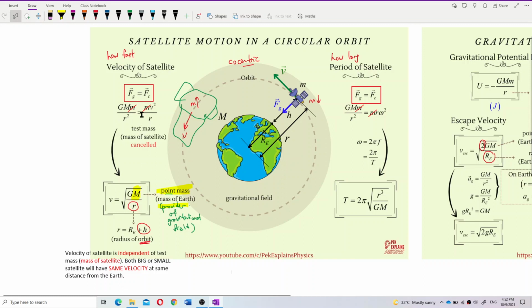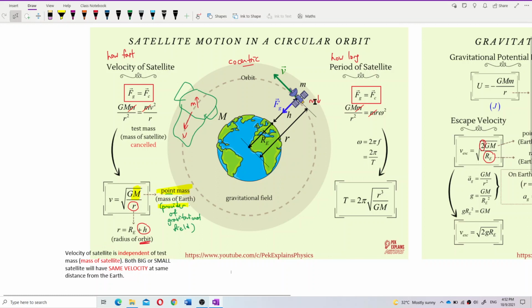So the velocity of the satellite just depends on the mass of the Earth, or the point mass, and on the distance from the center, or the radius of the orbit. It just depends on these two factors.